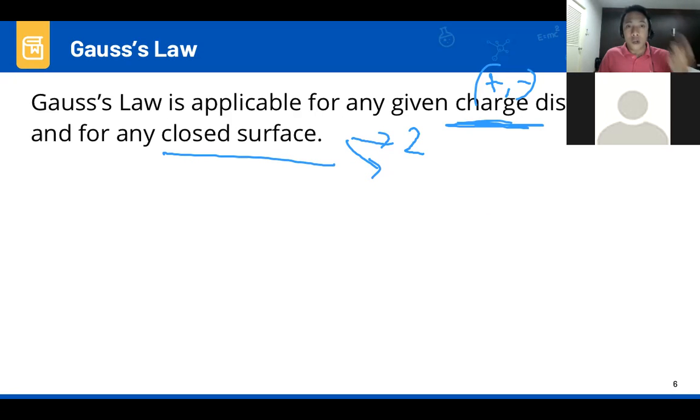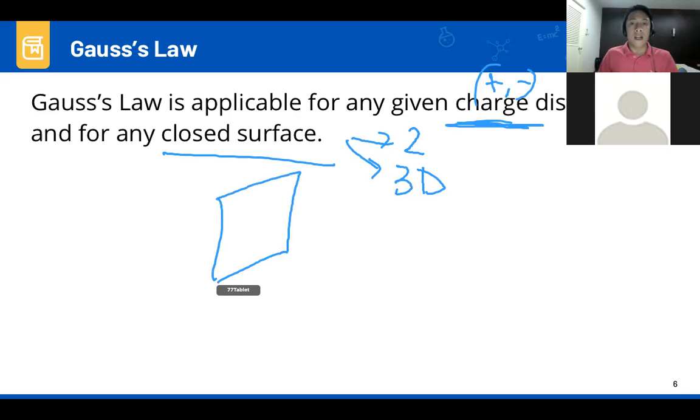Kapag sinabing closed, that is automatically three-dimensional, 3D. Okay? In our electric flux discussion, we are just pertaining to a 2D, right? It's either a triangle, a square, or a rectangle. That is only 2D.